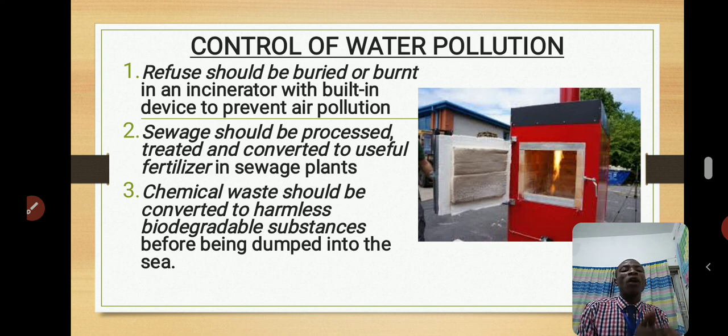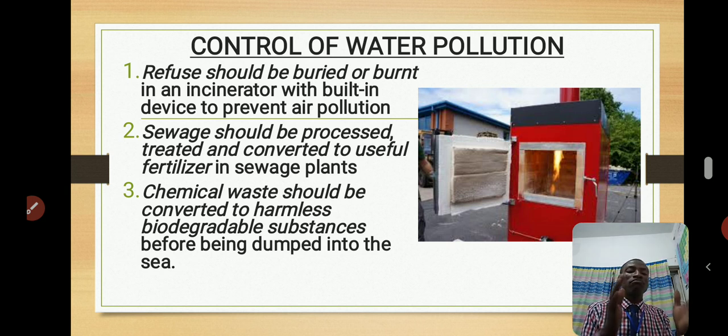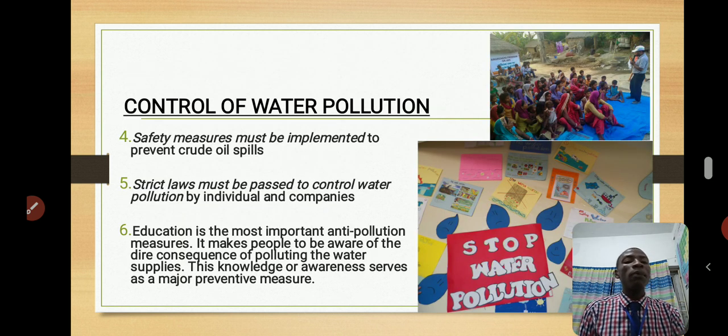Number two, the next one now is that chemical waste, those wastes from industries, from agricultural factories and chemical factories, we can convert those wastes to harmless substances before we dump them into the sea, such that when they enter the sea, they will not cause harm to the organisms that are living in the sea. So this is how we can prevent chemical waste from polluting our water bodies.